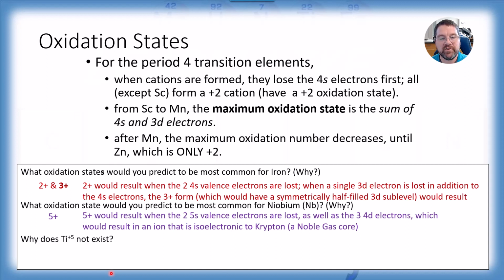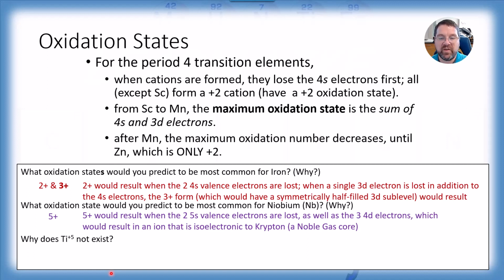The last question here is, why doesn't titanium 5 exist? Titanium with a +5 charge. If we start with titanium's original configuration, it ends with 4s2, 3d2. If it loses 2 electrons, that'd be the 4s. If it loses the d electrons, that'd be a total of 4 lost. And at that point, it would have a noble gas core configuration.